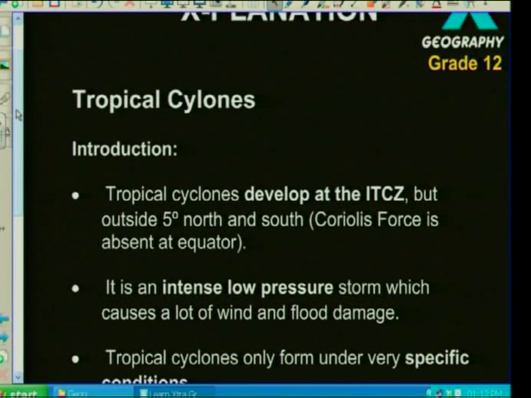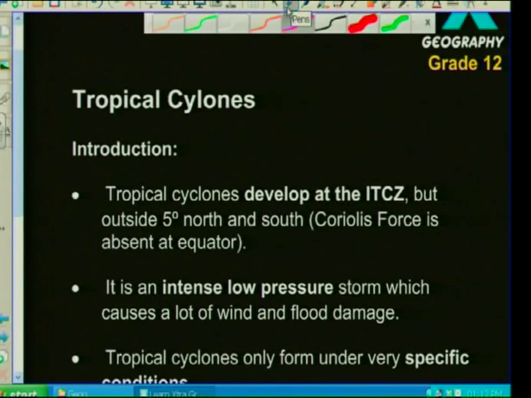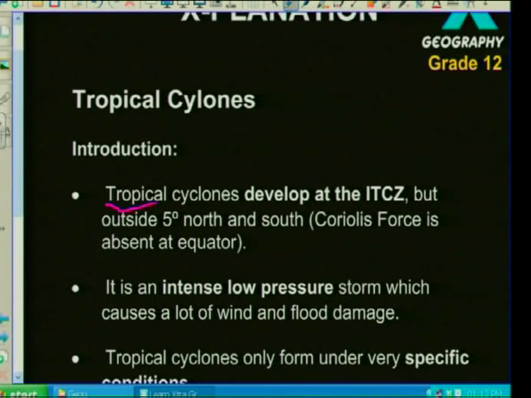First of all, we look at tropical cyclones develop at the ITCZ, okay? Intertropical Convergence Zone. And we looked at that zone earlier on in the last session, and we spoke about it around the equator.